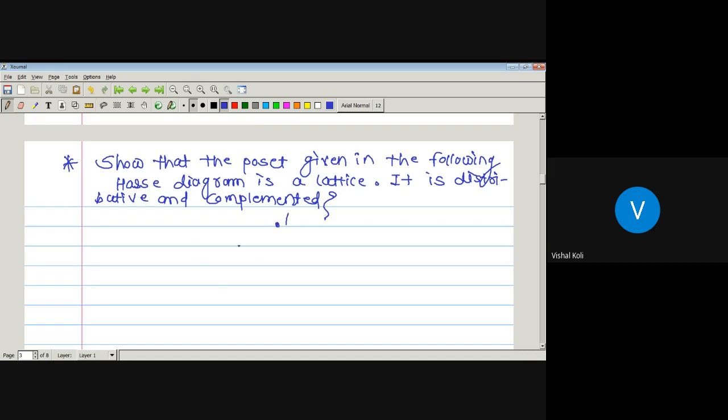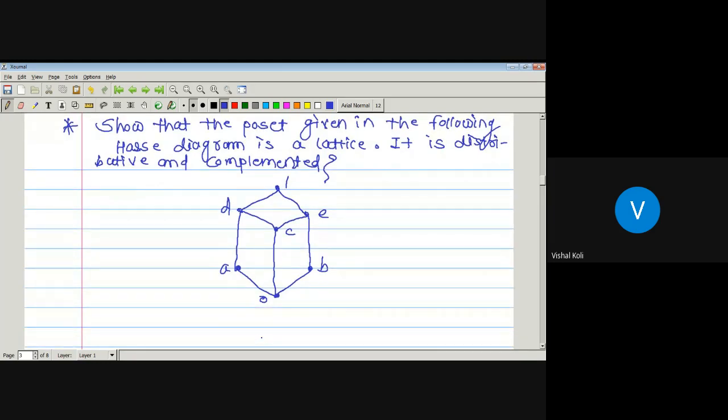Here is an element 1, C, A, B, C, D. So this will be the Hasse diagram, and from that we have to show that the given Hasse diagram of a poset is a lattice, and then we have to check whether it is distributive and complemented.